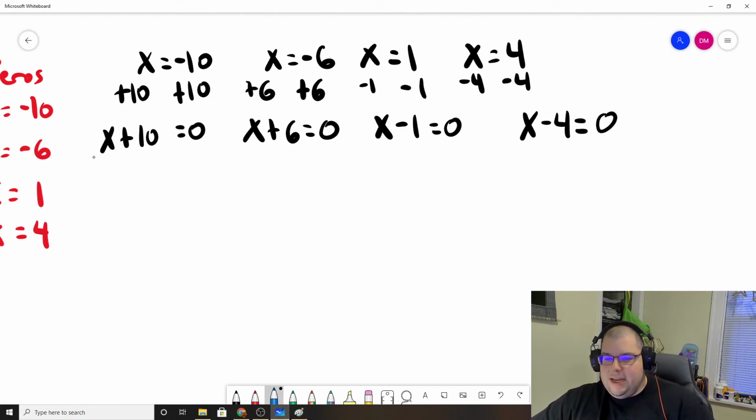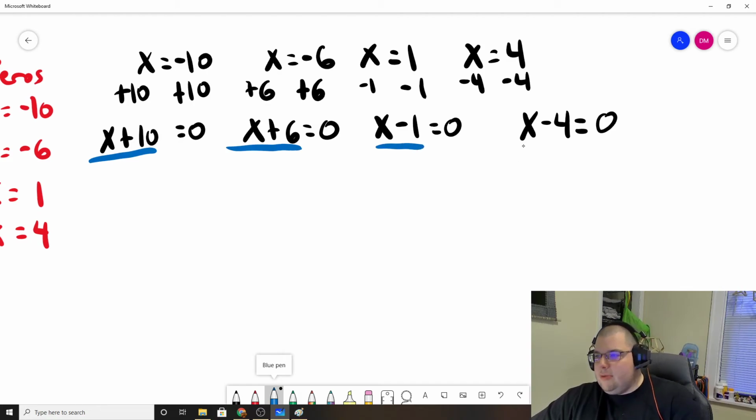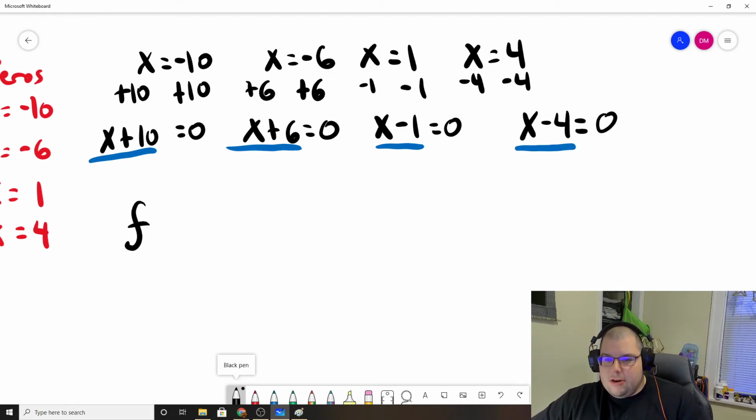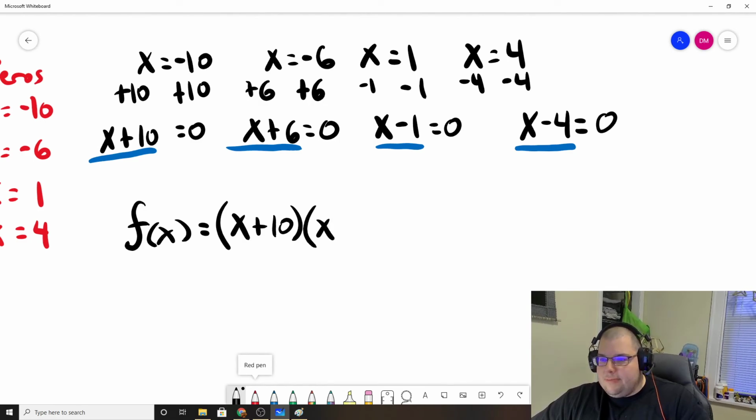And now each piece of these that's equal to 0 is that factored piece. So our polynomial is equal to each of those pieces all multiplied together.